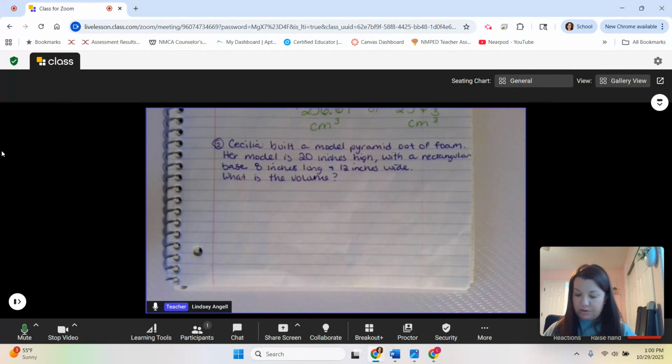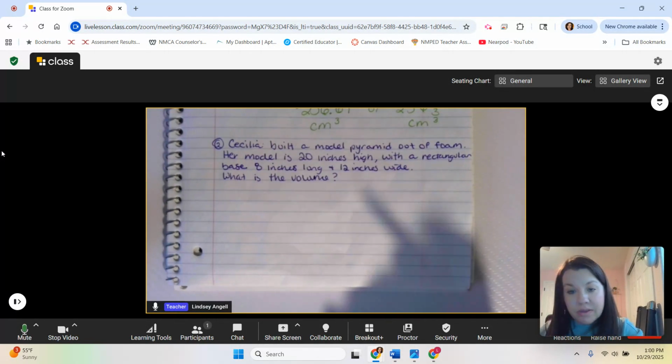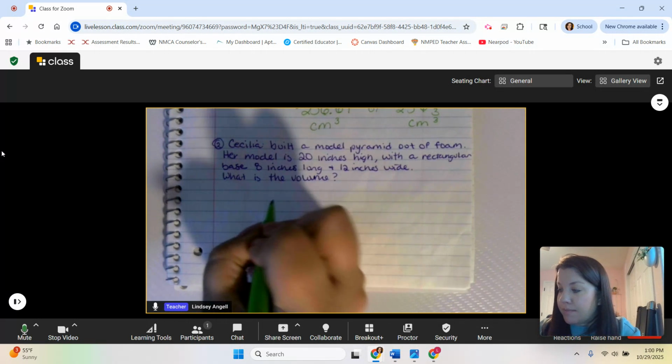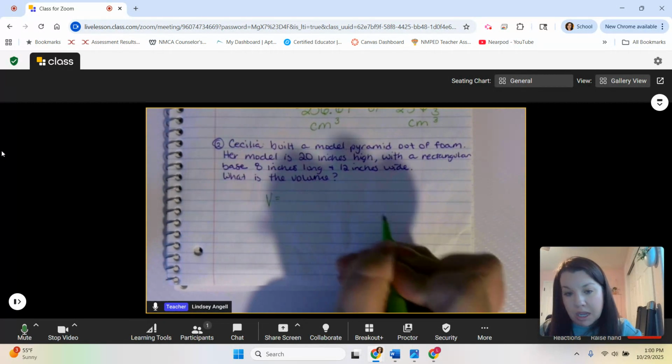All right, number 2. Cecilia built a model pyramid out of foam. Her model is 20 inches high with a rectangular base 8 inches long and 12 inches wide. What is the volume? If you wanted to draw a picture, you could, but really it's just plug and go.